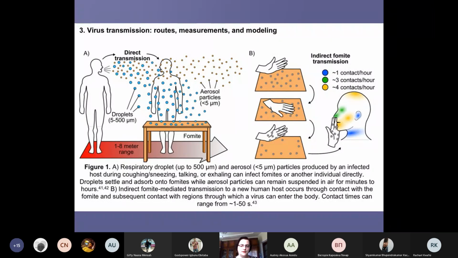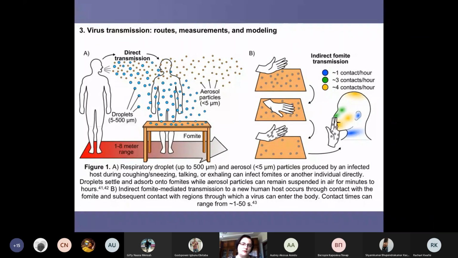People who are infected can transmit influenza viruses through breathing, talking, coughing, and sneezing, which spread respiratory droplets and aerosols that contain virus particles into the air.